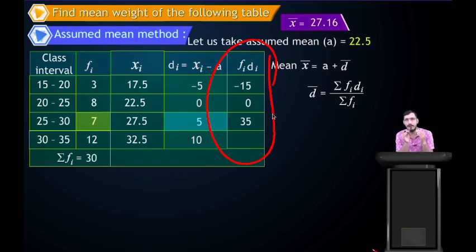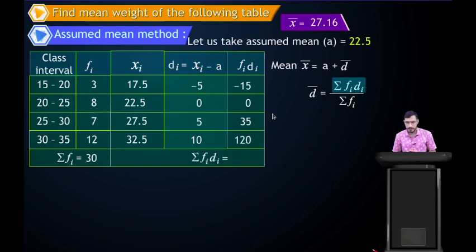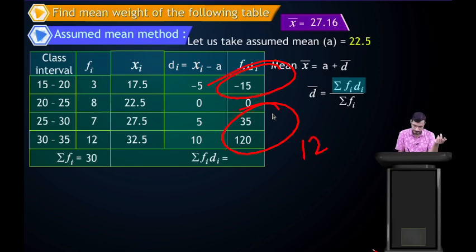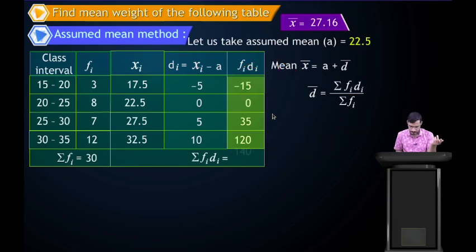Now students, add all fi di, the summation of fi di. Minus 15 is a negative number, and we add two positive numbers, 35 and 120. So 120 plus 35 and minus 15, what will we get here? Yes, that is 140. So sigma fi di is 140, and sigma fi is 30.